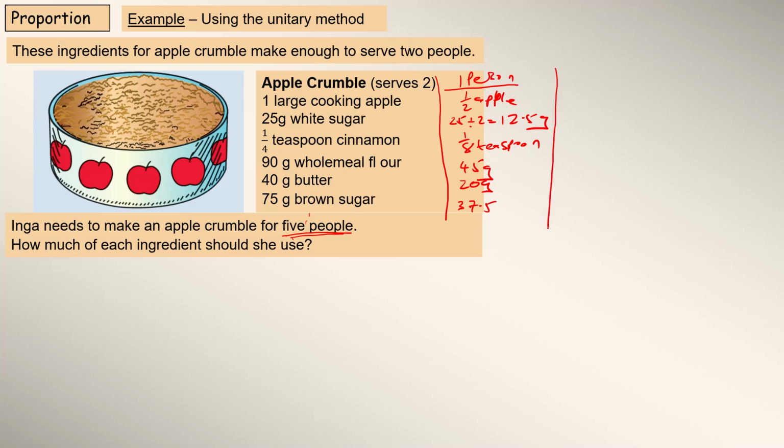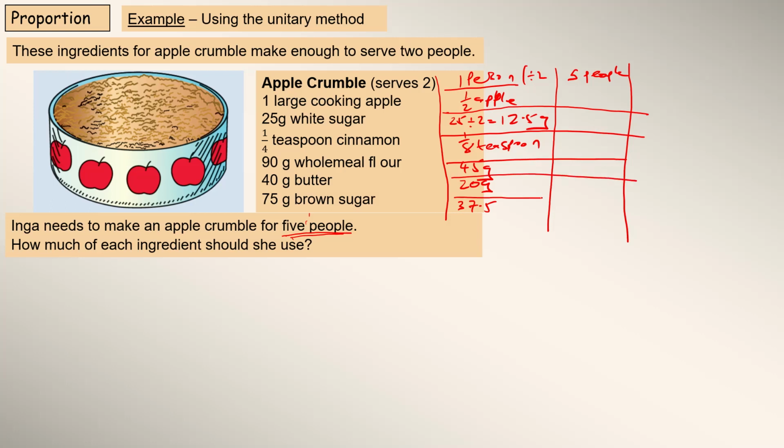And then to get 5 people, two ways. I can multiply this by 5. So this is divide by 2. So here I can multiply by 5. Let's just see if I can draw a line so we can keep everything in a table. And so for apples, it'll be times 5 here.